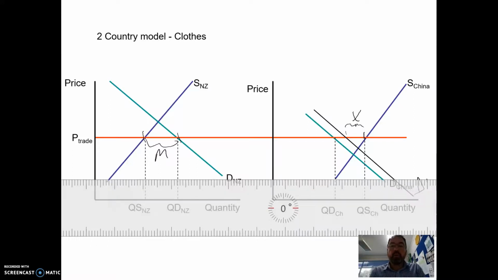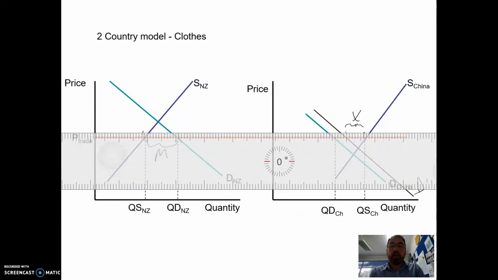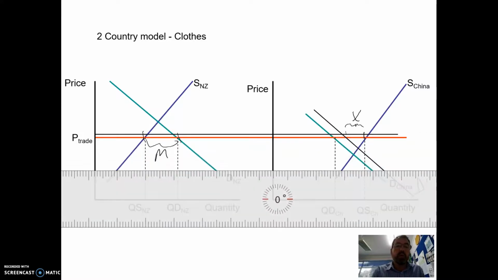Therefore, the world trade price effectively acts as a mechanism by which the world markets are rebalanced. And so we can estimate a new world trade price here, which we might call, just for ease of reference, PT1.